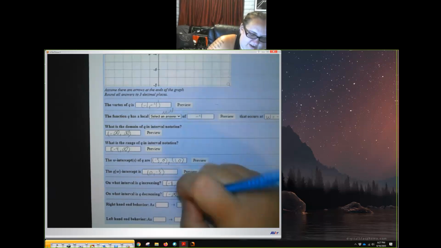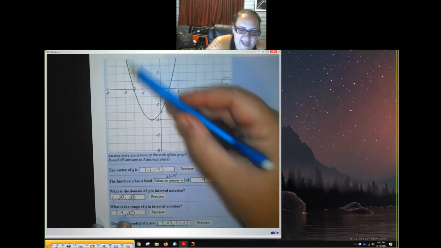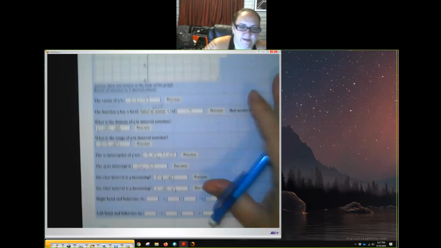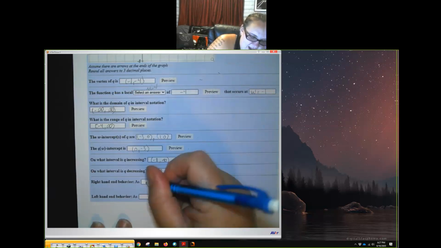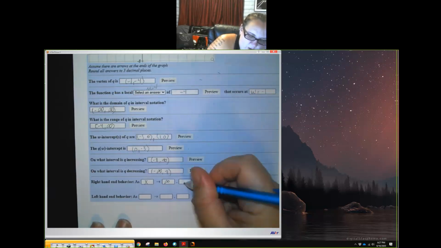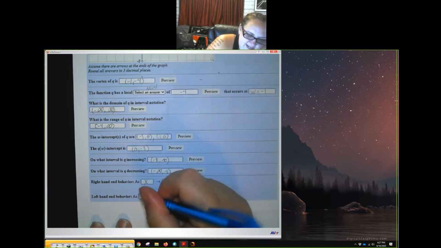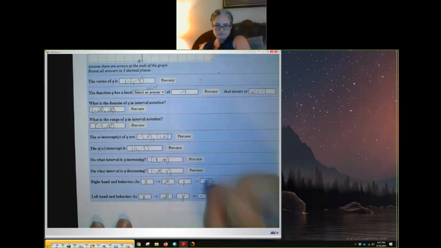I don't know why I did y values. So it's increasing starting here at -1, and it's decreasing ending here at -1. And then the right-hand end behavior, as x goes up, y goes up. Left-hand end behavior, as x goes down, y goes up.